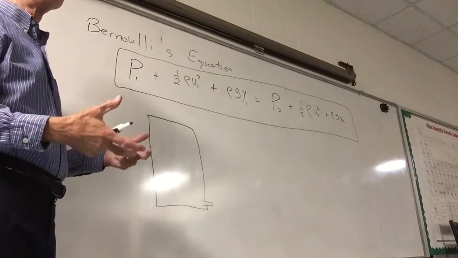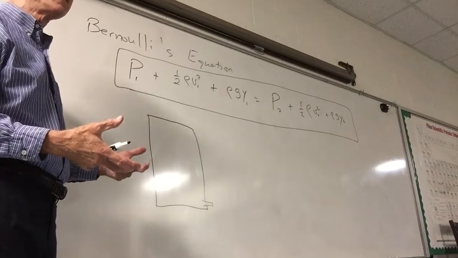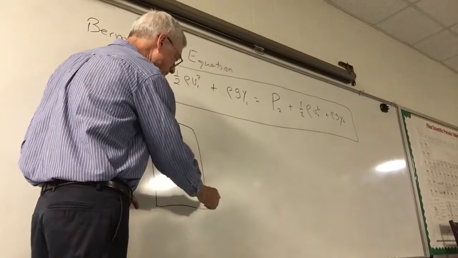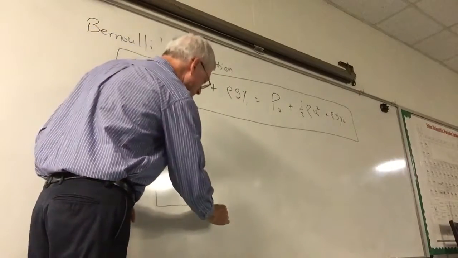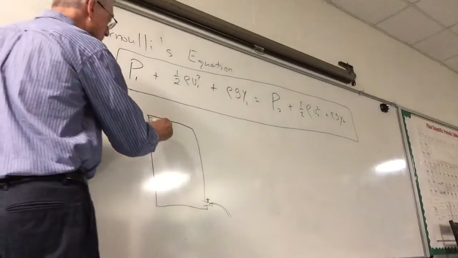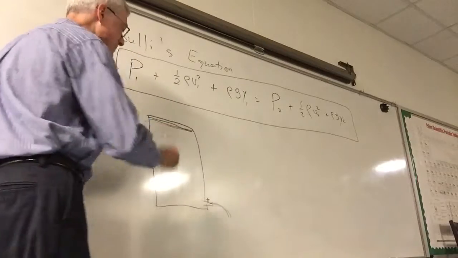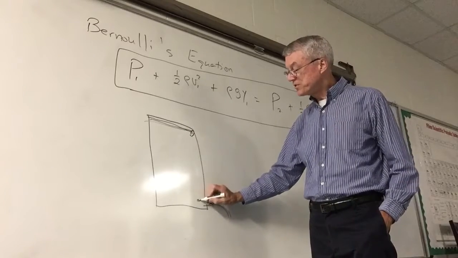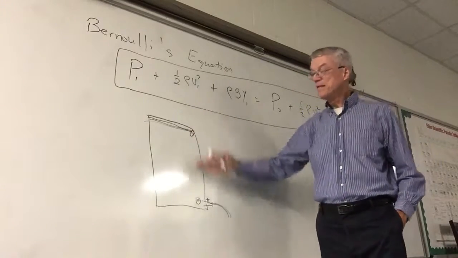A large container of water, like a 5-gallon tub, and you can open a valve here and out comes water. Say the water level is way up here at the top. Then there's a difference between here, position 1, and here, position 2, just talking about inside the tub.